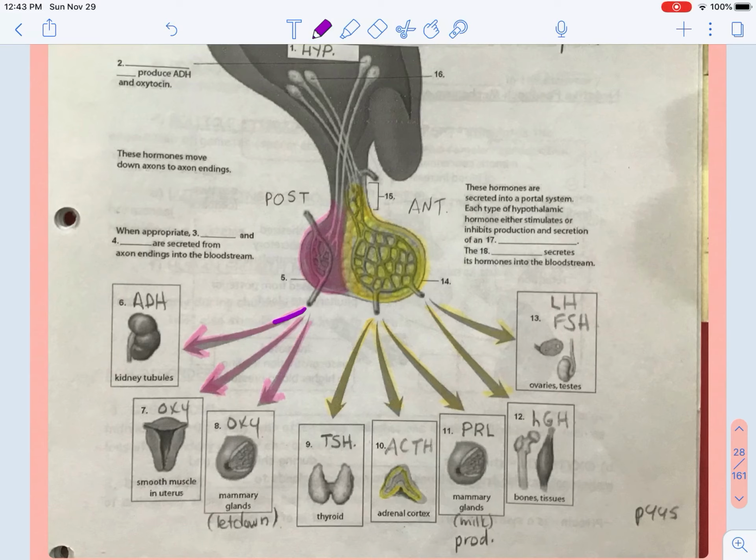You can see that they're what we mentioned in our first topic, that the posterior, the back here, makes ADH for reabsorbing water. It also makes oxytocin with its two functions, uterine contractions and milk letdown.